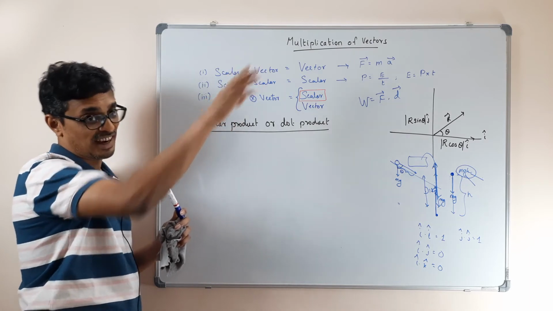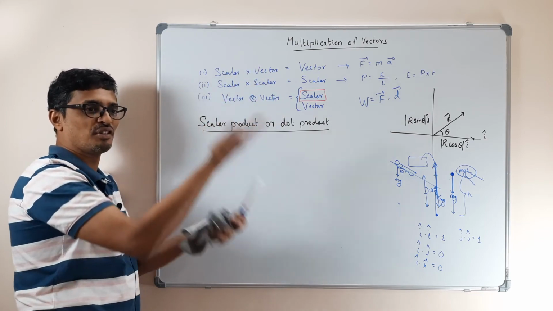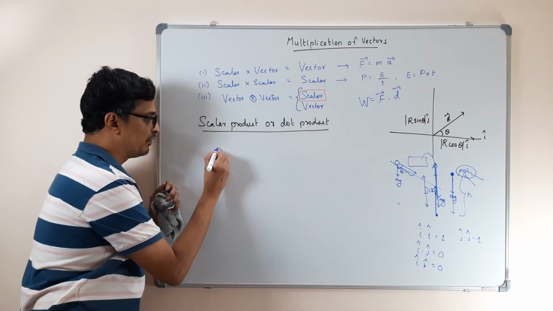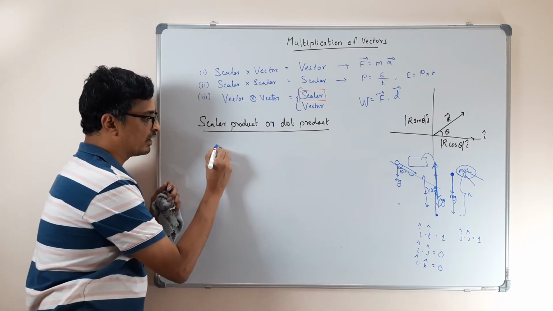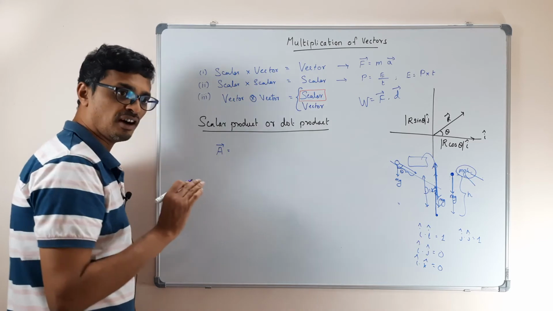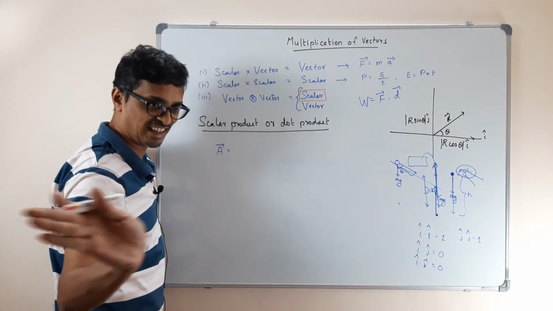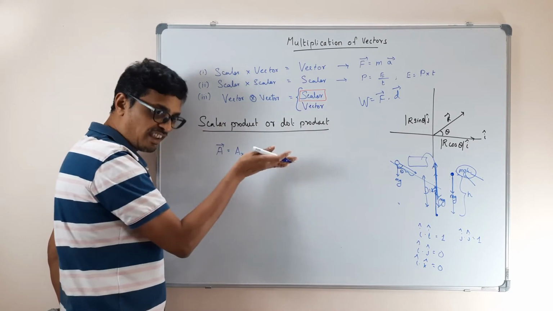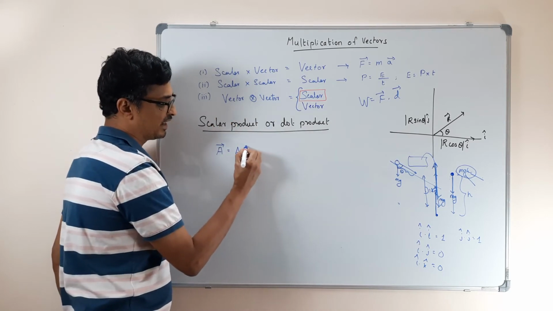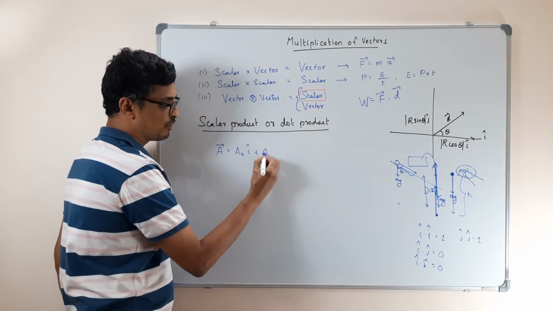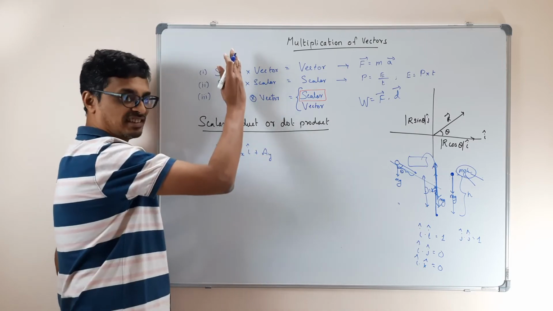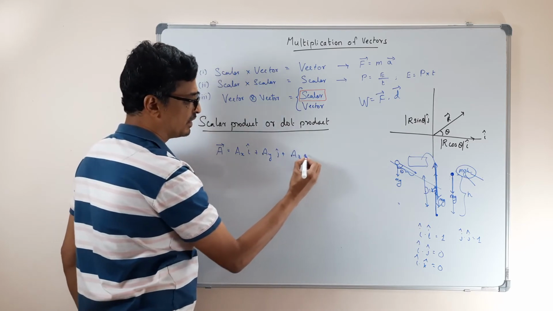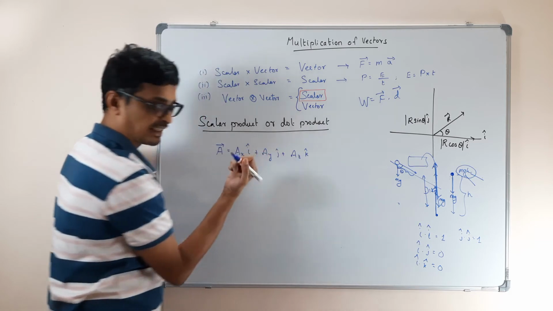So any vector can be resolved into 2 vectors or 3 vectors, whatever the dimensions. So we can resolve any vector A along its x, y and z. Correct? So that means Ax, the magnitude along the x-axis, into i cap, plus Ay, the magnitude along the y-axis, into j cap, plus Az into k cap along the z-axis.